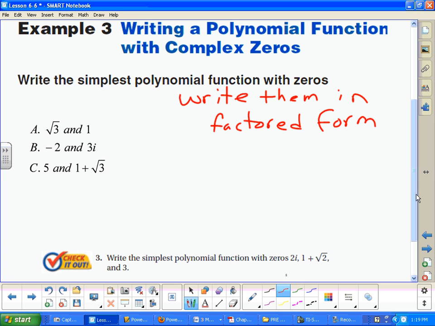All right, but if you're not, if you're just glad to be here and can't wait for it to be over, then do it in factored form. Okay? So, for letter A, they say there's 2 zeros, square root of 3 and 1. The only thing is that there cannot be this.